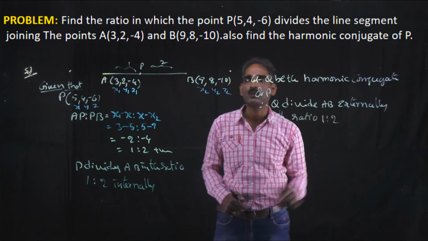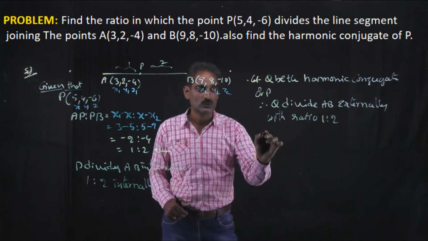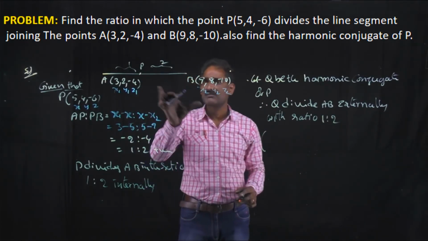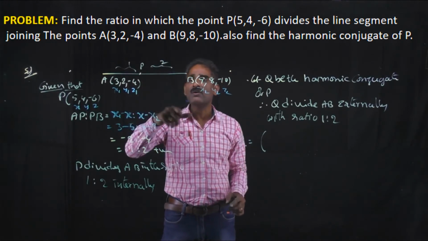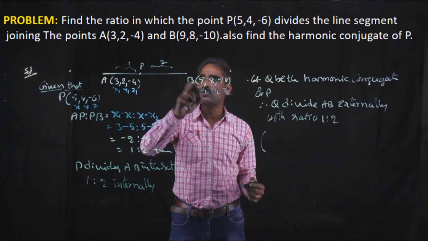1 is to 2. Therefore, the coordinates of Q are equal to, just apply the external point formula with the same ratio. Just write down the external point formula: mx2 minus nx1.